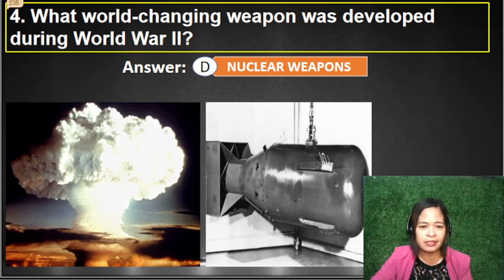Scientists first developed nuclear weapons technology during World War II, and it has changed the face of warfare. In August 1945, the United States of America decided to drop its newly developed nuclear weapons on Japanese cities like Hiroshima and Nagasaki in an attempt to end World War II.